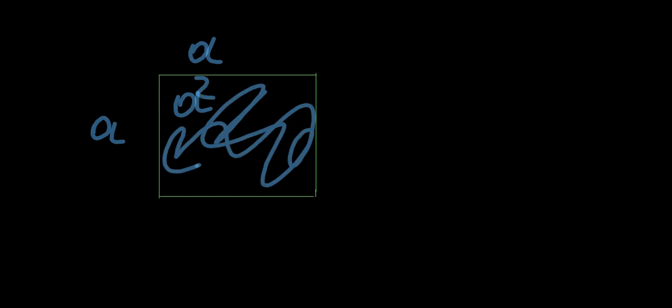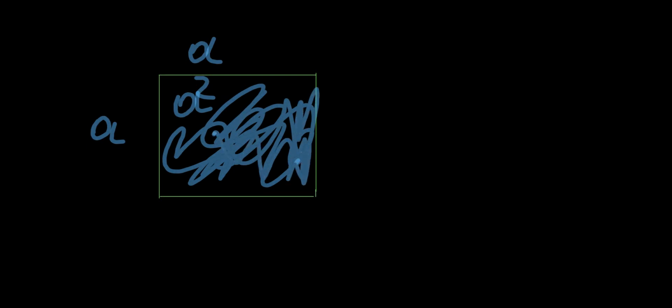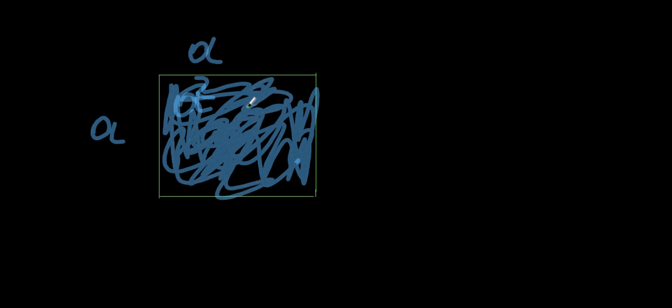If we were to find the area of the square, we would multiply the side times its side. A times A gives a squared for the entire area of the shape, because the area is the space enclosed inside these dimensions.